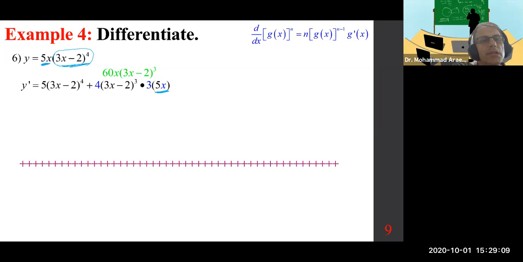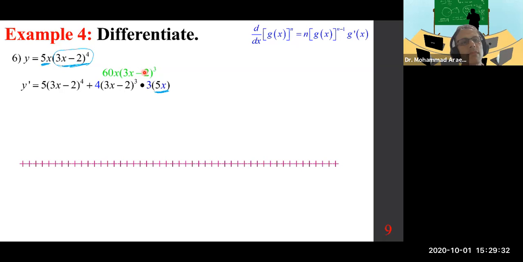I'm looking at number 60 and number 5. Plus number 5, number 60. 5 is in common. 3x minus 2 is in common. But what is the exponent? The exponent is 4 here. The exponent is 3 here. So you choose (3x minus 2) to the power of 3.